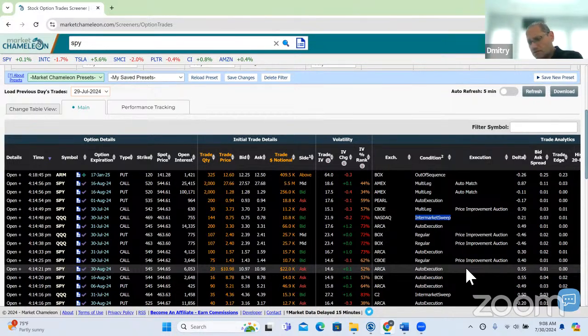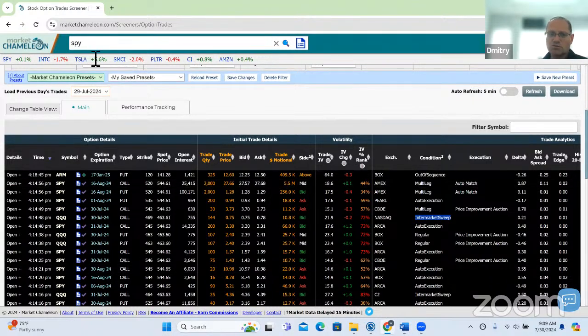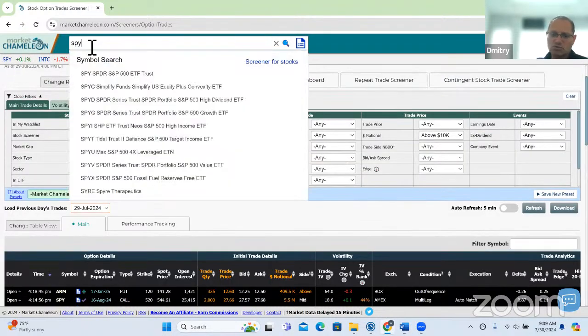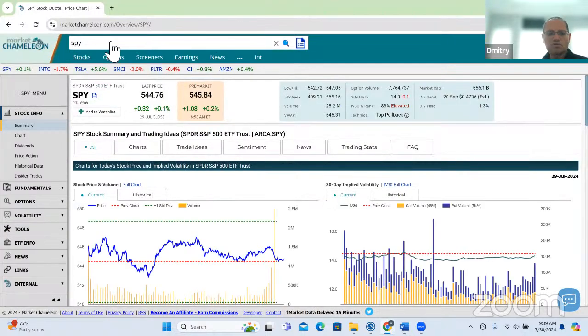And when we analyze the options, we sometimes want to get more granular and separate them, put them into buckets. So we could analyze the multi-leg trades separately, and we could take the single leg trades and analyze them separately. That's what we were doing here in SPY when I went to the single leg dashboard.